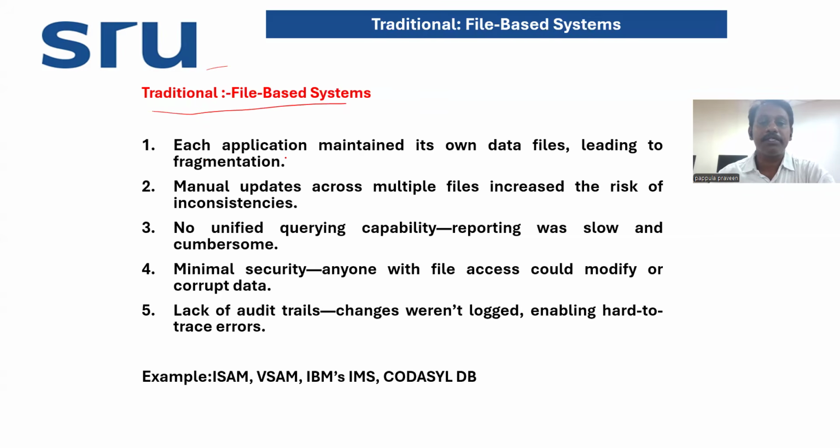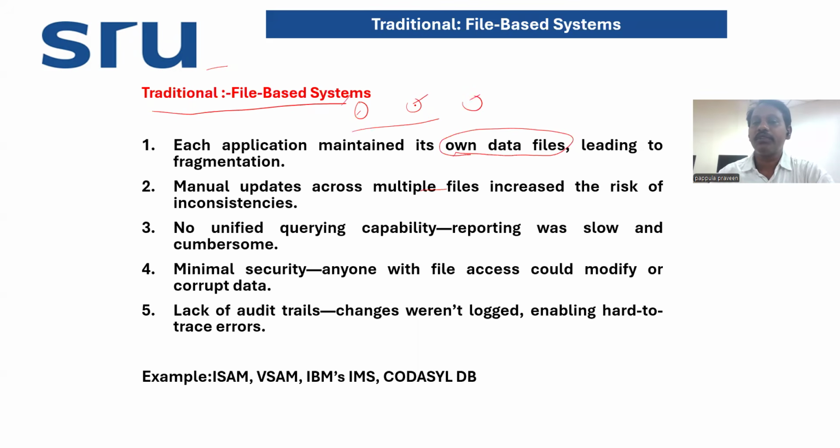See, each application maintains its own data file, leading to fragmentation. What is its own data file? There is no integrity and no interdependency. Okay, this is file one, this is file two, this is file three. All are standalone, all maintained individually, right?